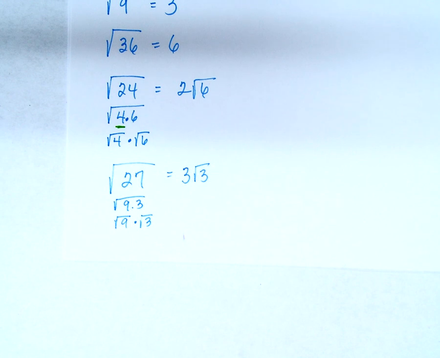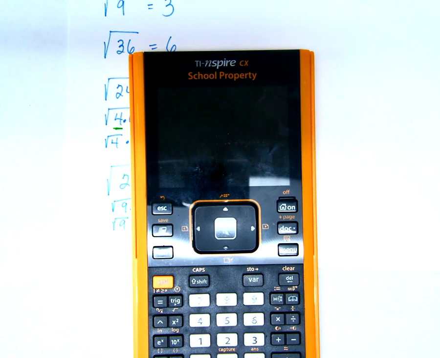I have to decide, is it working smarter to sit here and think to myself, okay, 52, what multiplies with 52? I know 2 and something, right, because it's even. Or is it smarter for me to let the technology help me?